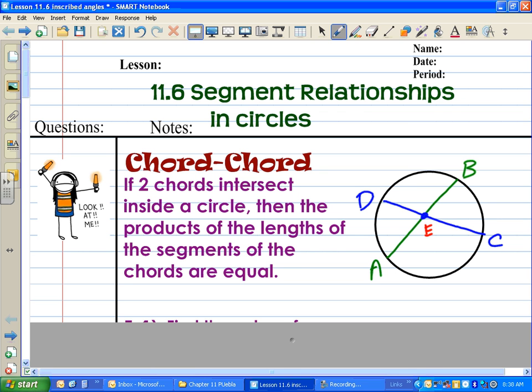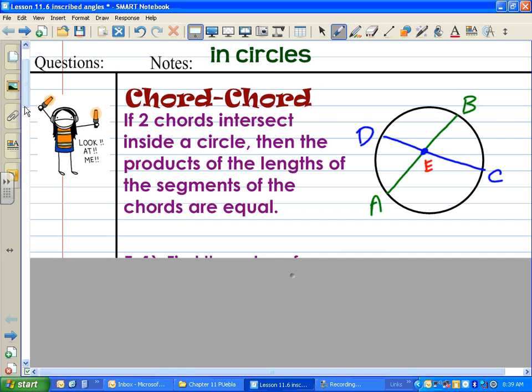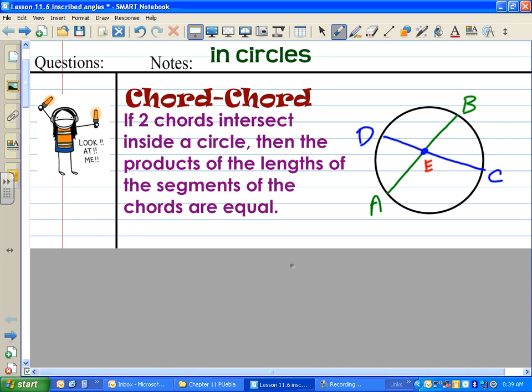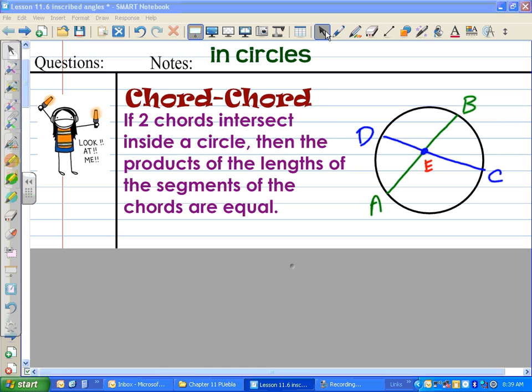And here's what this theorem says in a nutshell. It says that this times this is equal to this times this. Does that make sense?